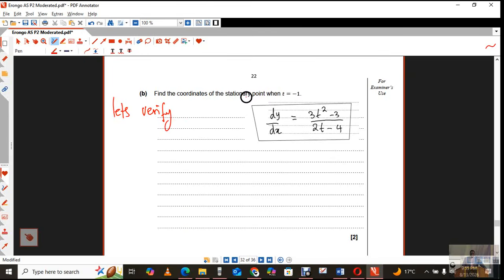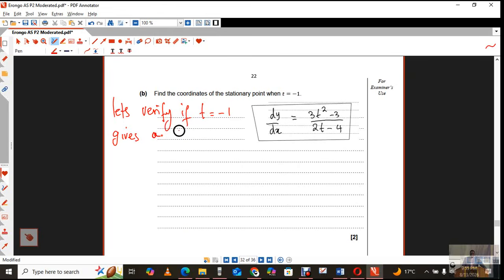Because of the word stationary point, this implies dy/dx is equal to 0. Okay, so that's what I'm trying to explain. So let's verify if t equals -1, and you don't have to do this, but I'm just doing it so that you can understand why it works.